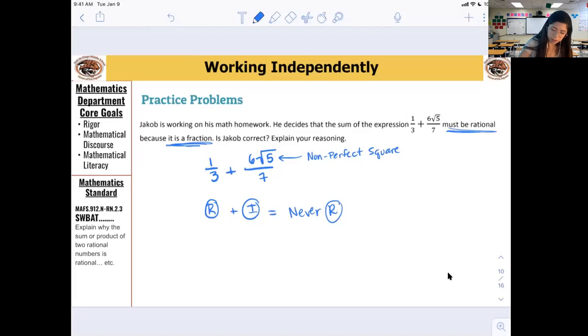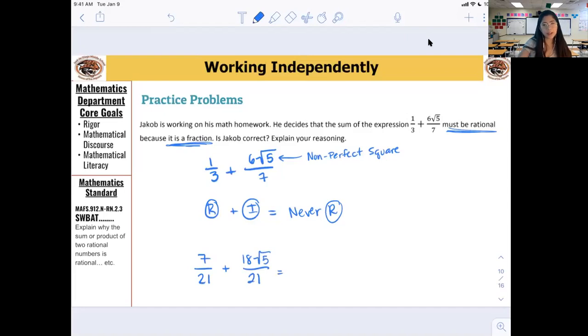If I add 1/3 plus 6 root 5 over 7, the common denominator is going to be 21. So this is going to be 7 over 21 plus 3 times 6 is 18, 18 root 5. Don't worry about what I'm doing, but just watch.